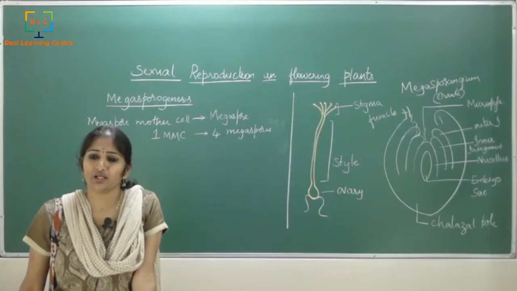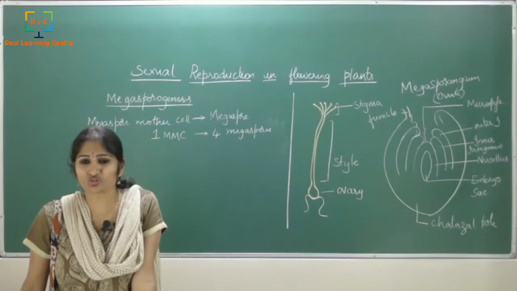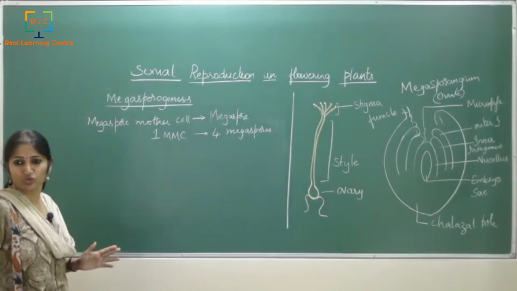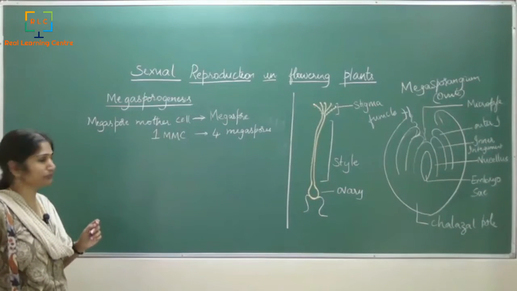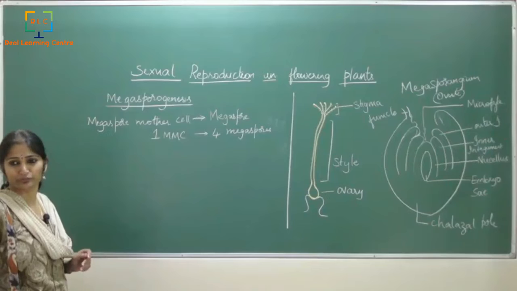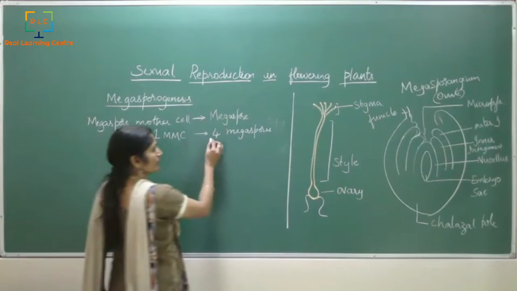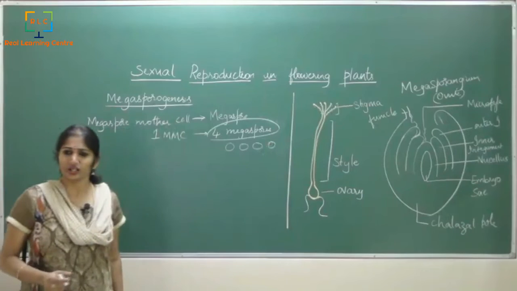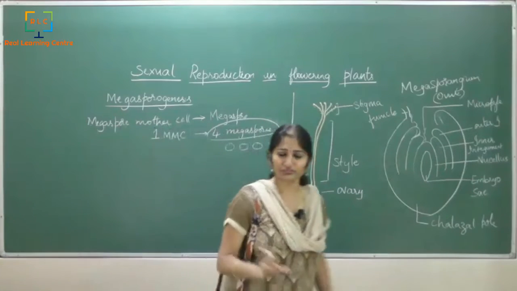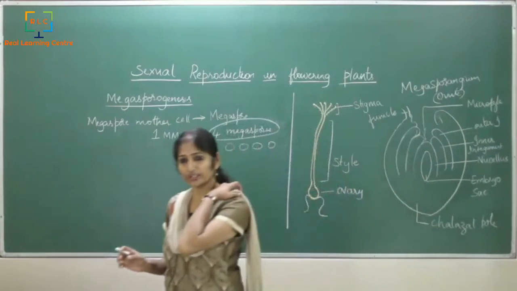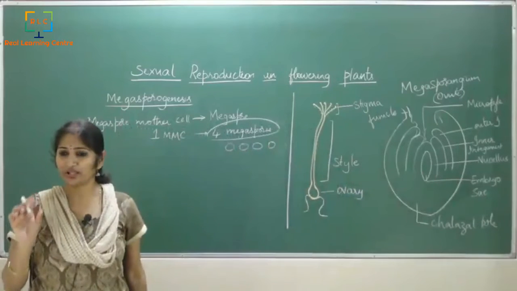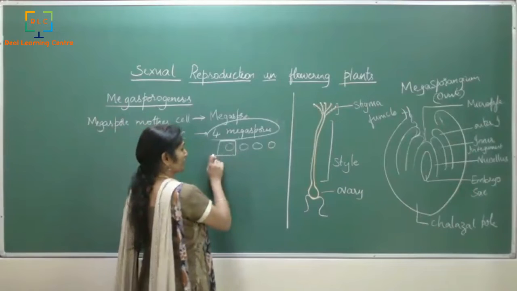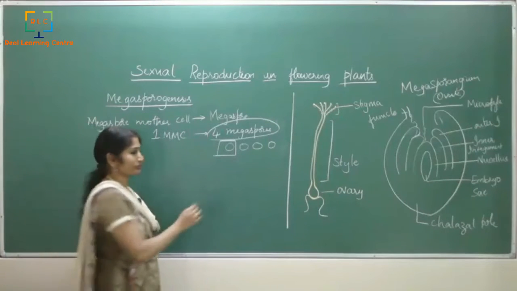Now in most flowering plants, the megaspores are very characteristic, because there are four megaspores. Let me write that. So there are four megaspores. Then some activity goes on in the plant, and the plant decides to keep only one functional.